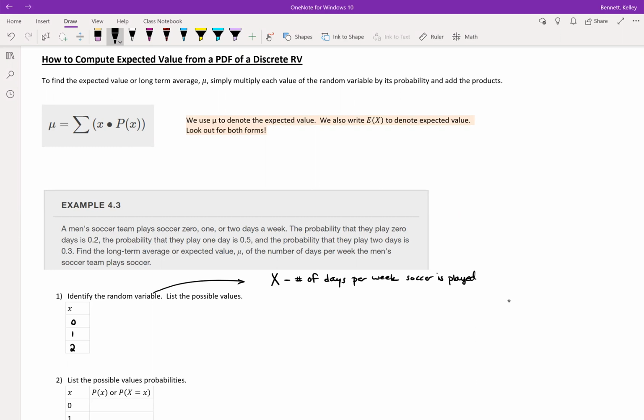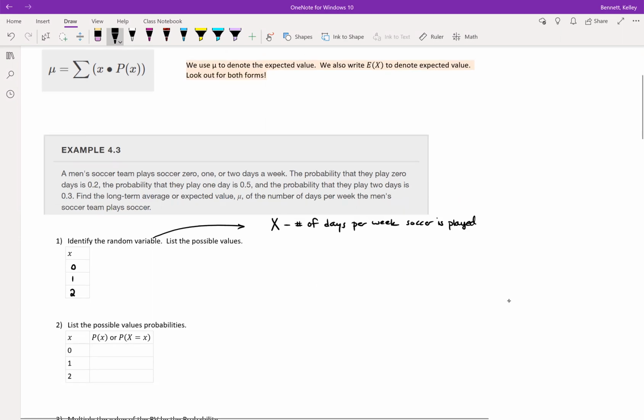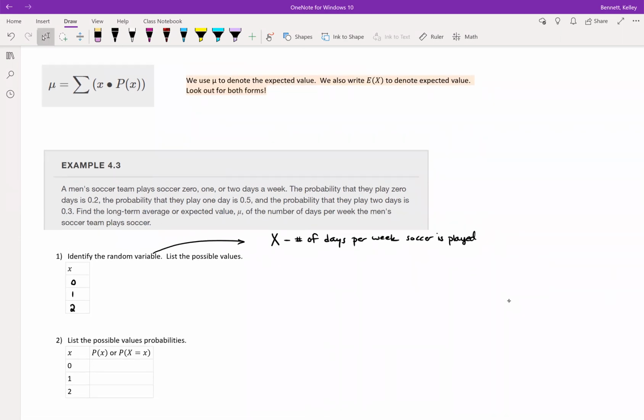The next thing you want to do is list the probabilities of the values. And we talked last time, we can have P of little x or P of cap X equals x, and they both are the same. So the probability of playing 0 days is 0.2. That's given to us in the problem, so that was here.